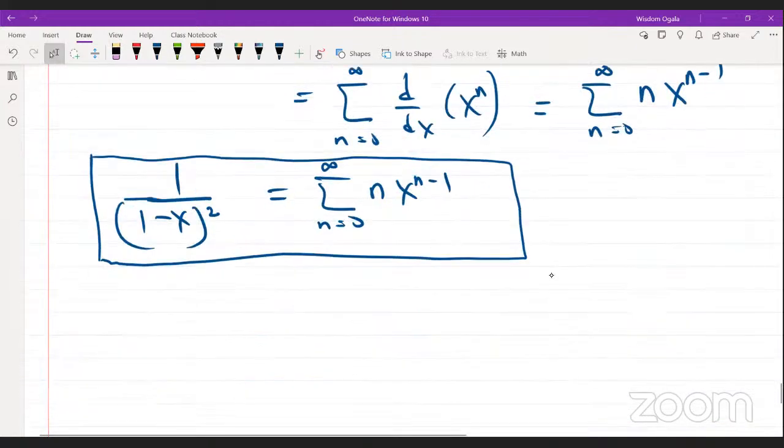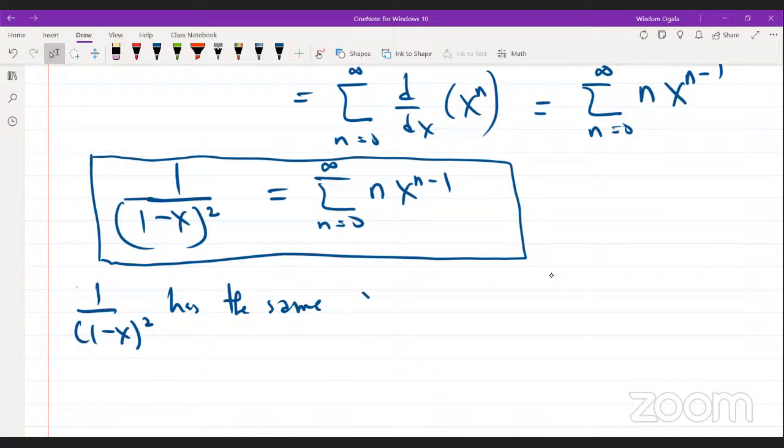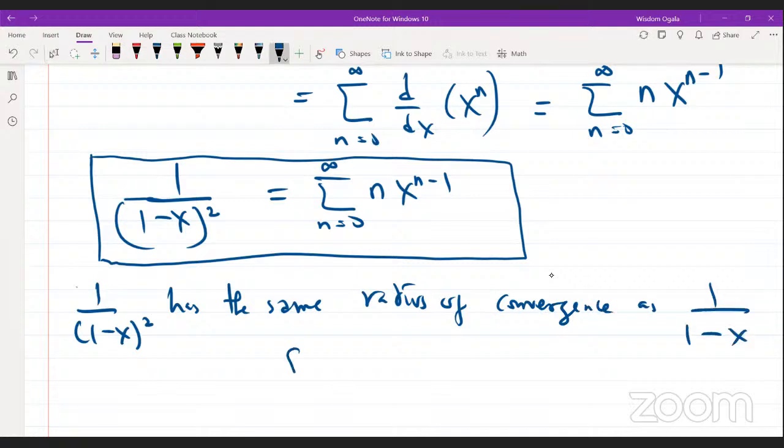So 1 over 1 minus x squared has the same radius of convergence as 1 over 1 minus x. So my radius of convergence is 1. Why? Because the radius of convergence here is 1.